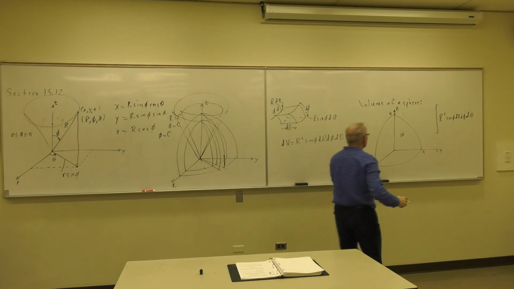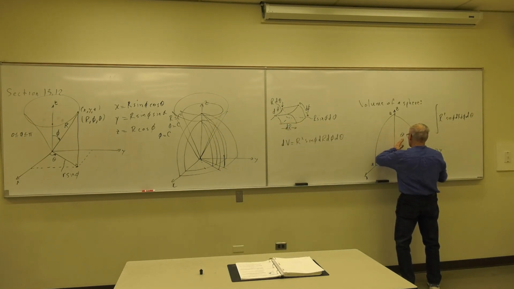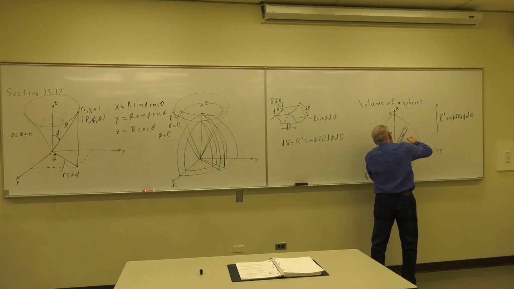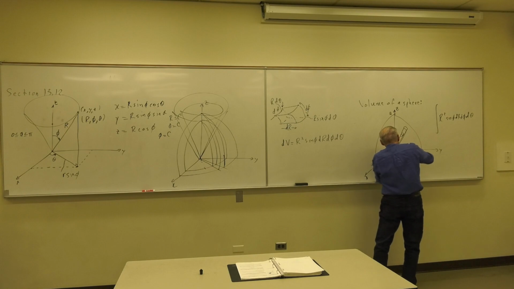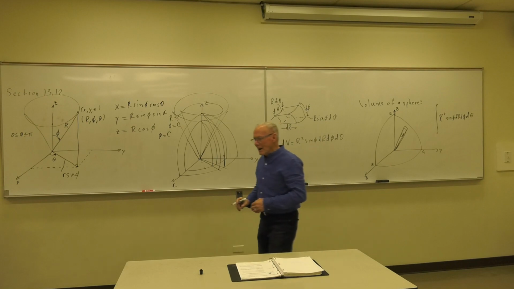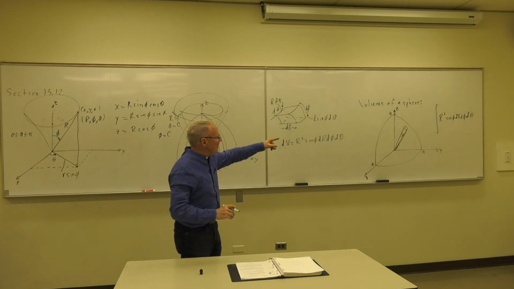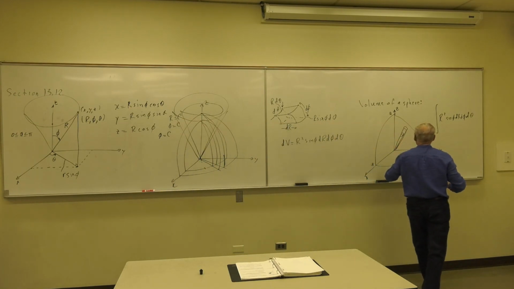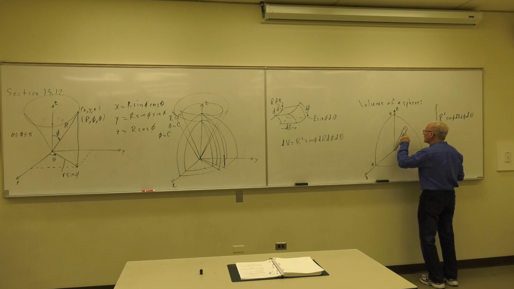You're holding phi constant, that angle's constant, you're holding theta constant, and you're integrating over all of these things, something that looks like this. Holding the phi angle constant, holding the theta angle constant, and simply adding radially. I'm going to call that a spike. The first integration adds over all of these little volumes inside a spike.